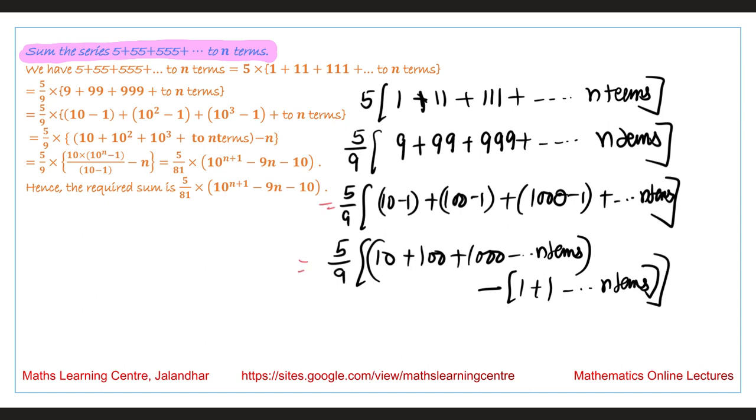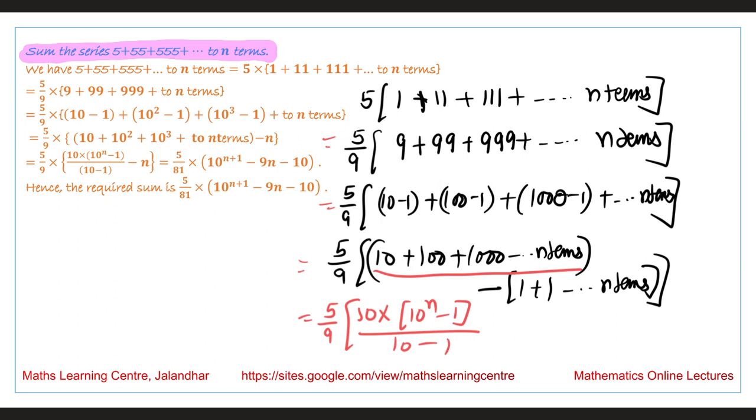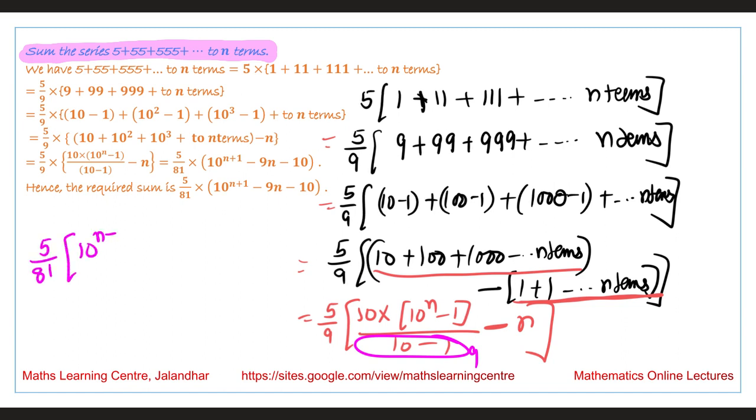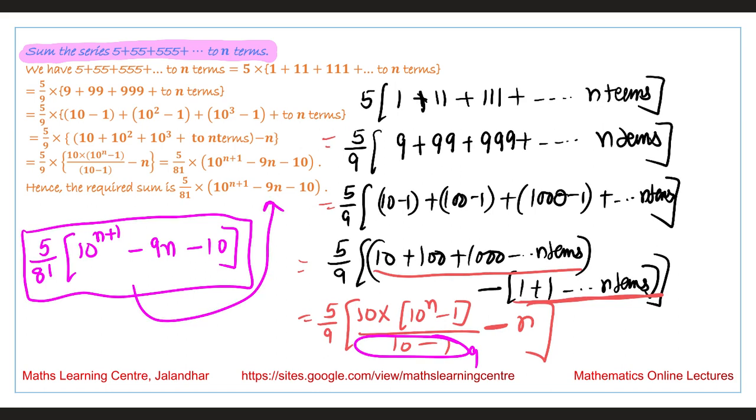So we obtain 5 by 9 into, this is a GP with first term 10 and common ratio 10, so 10 into 10 to the power n minus 1 over 10 minus 1, and 1 is added n times, so we are writing minus n. The 9 gets simplified, so the answer we obtain is 5 by 81 into 10 raised to the power n plus 1 minus 9n minus 10. So this is the required sum that we have.